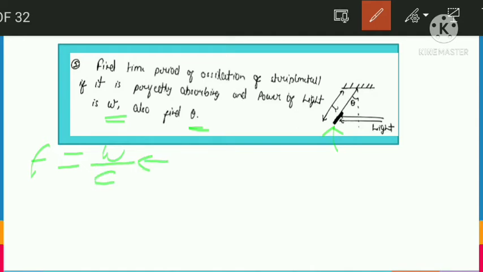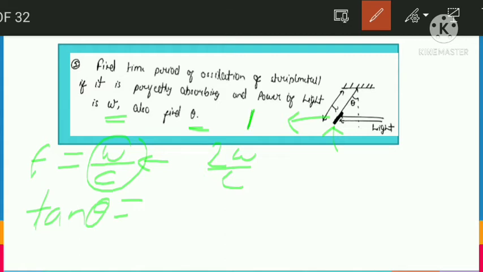Let me tell you one other thing. If it is perfectly reflecting, then it will be equal to 2W upon c, but here it will work as perfectly absorbing. So can we find theta? Yes, how? Let's see. We can find tan theta by mechanics. Here we have a force due to light, F light, and here the force due to gravity.